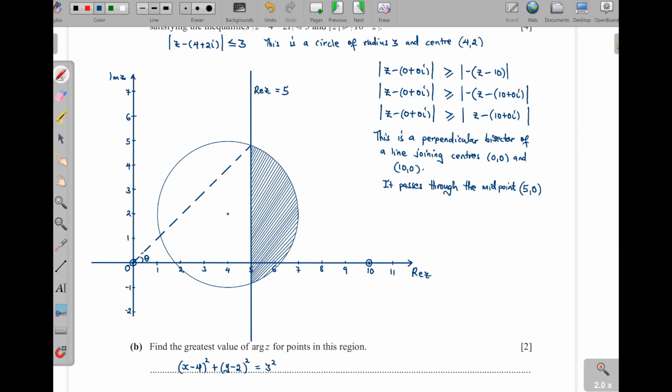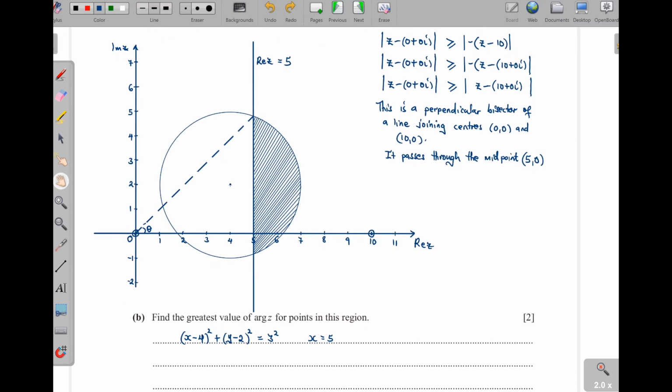Okay, and we saw that before. Then we also have x is equal to 5. Since I've used x and y instead of the real and imaginary, then for this vertical one I will use x is equal to 5. Okay, now substituting in here, we shall have 5 minus 4, where there is x, I'm putting 5, not so?